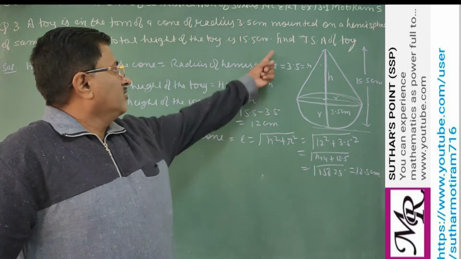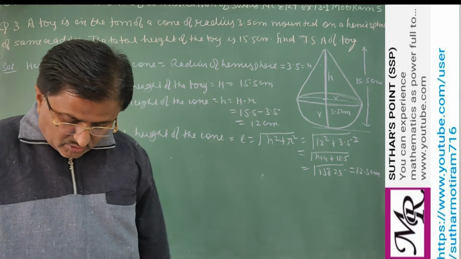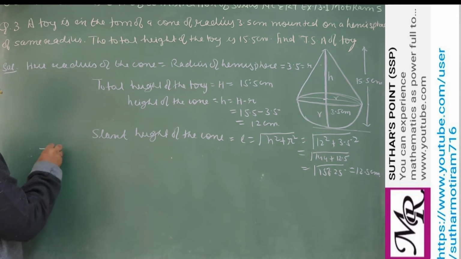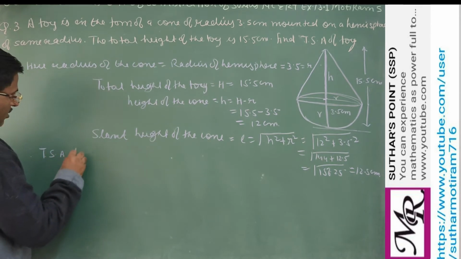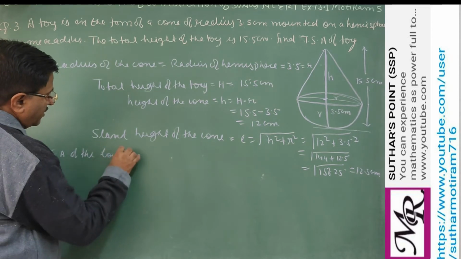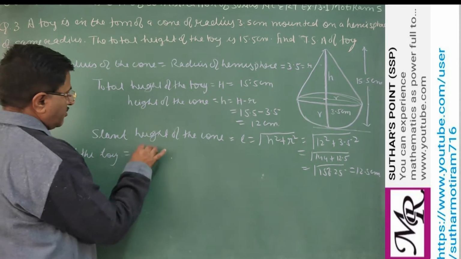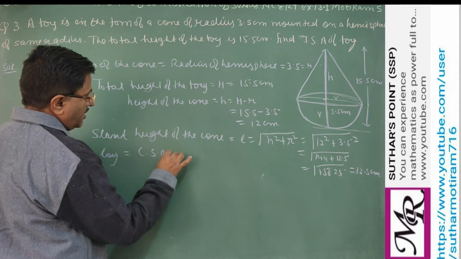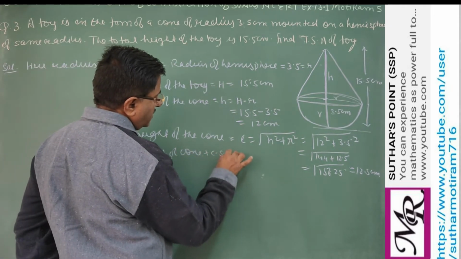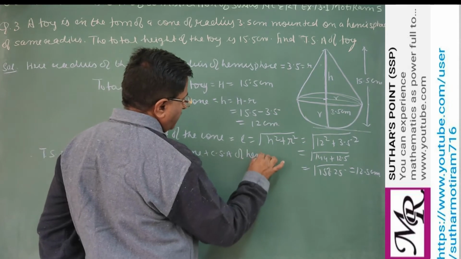So now what do we want to find? We find the total surface area of the toy. Therefore, the total surface area of the toy is the curved surface area of the cone plus the curved surface area of the hemisphere.